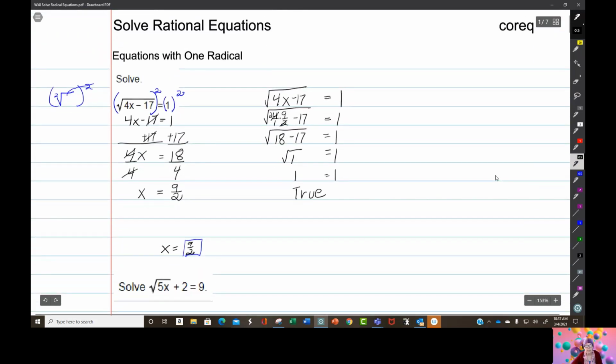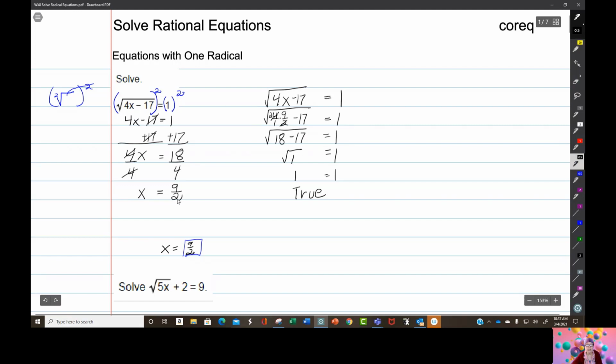So notice what we did. We isolated the radical, it was already isolated. We squared both sides of the equation, which liberated the x. And it liberated everything else that was with it, all the cellmates as well. So we had 4x minus 17 and 1 squared is 1.